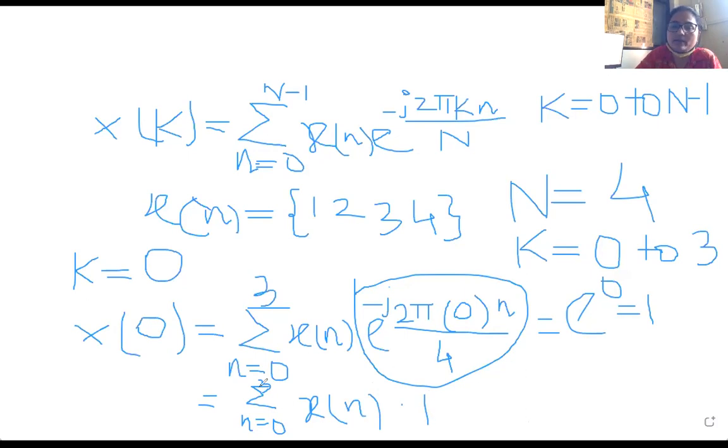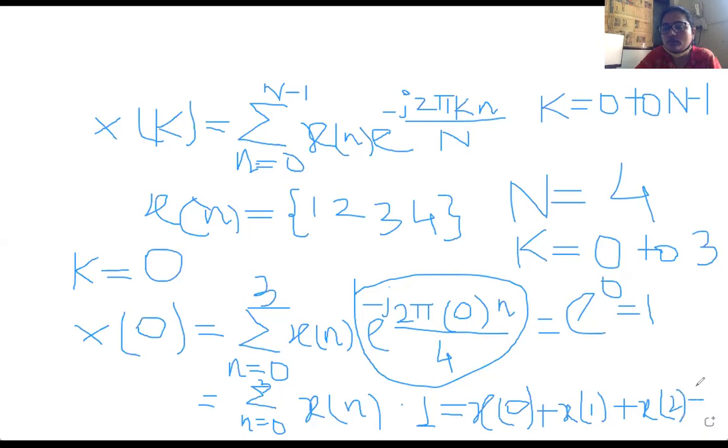If I substitute the values of n in this equation, the first value of n is 0, so first is x of 0 plus the next value x of 1, plus x of 2, and the last value x of 3, because I have substituted the subsequent values of n.